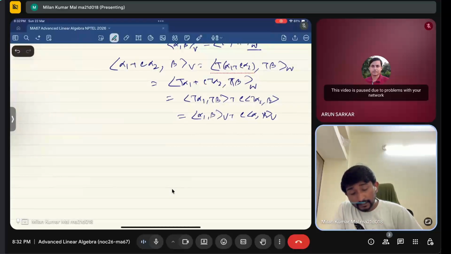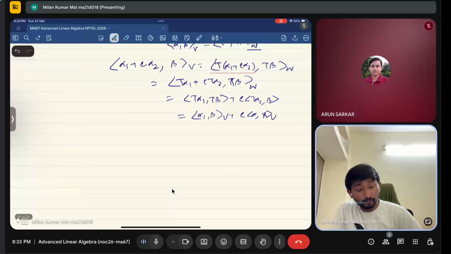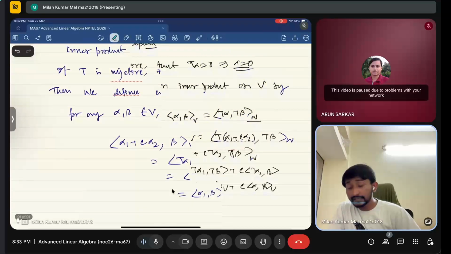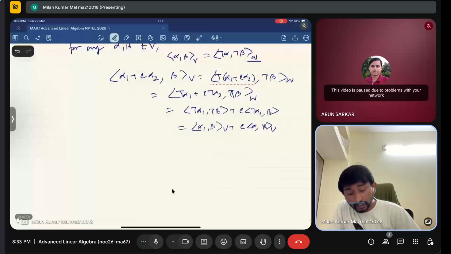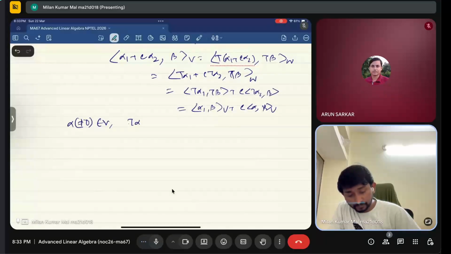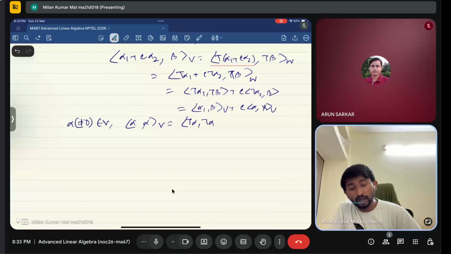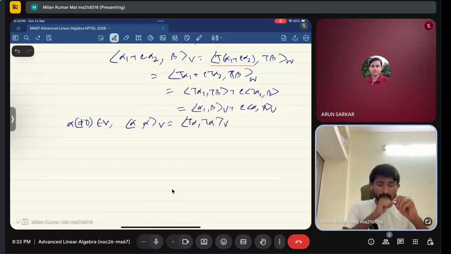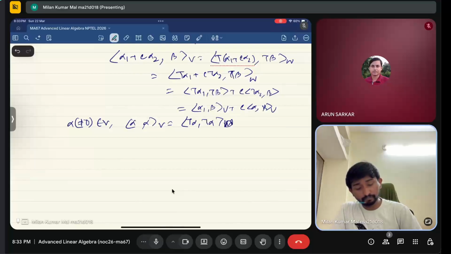But the important fact is that here I have taken T injective. I have taken injectiveness because if alpha is a non-zero vector in the vector space V, then the inner product of alpha with alpha in V is nothing but the inner product of T alpha with T alpha in the space W. Now if it is an inner product, then for alpha not equal to 0, this has to be greater than 0.